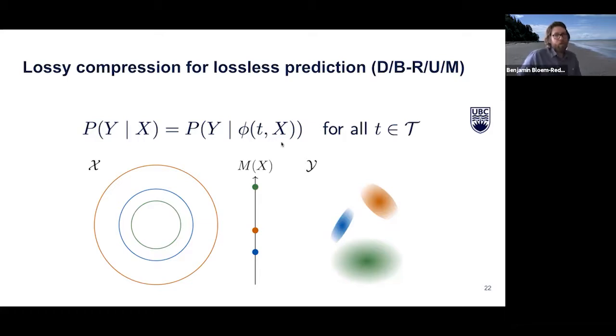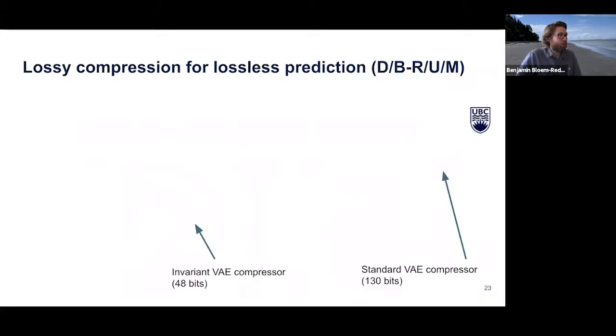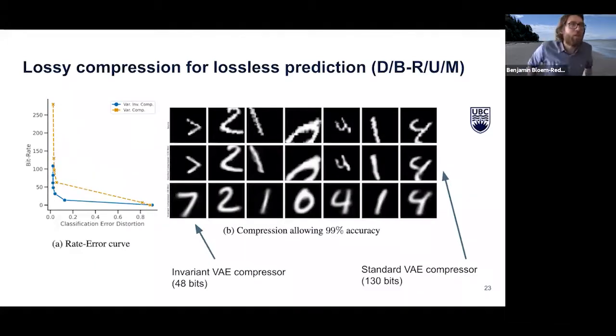If that's the case, then there's really no reason to store X in its entirety, at least for the purposes of these downstream tasks. What we'd like to do is just compress it to these maximal invariants. We've done some work, and we have a workshop version of this that will appear at an ICLR workshop, and we're fleshing out some of the details now.